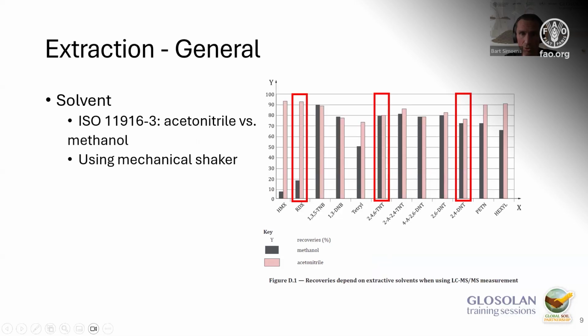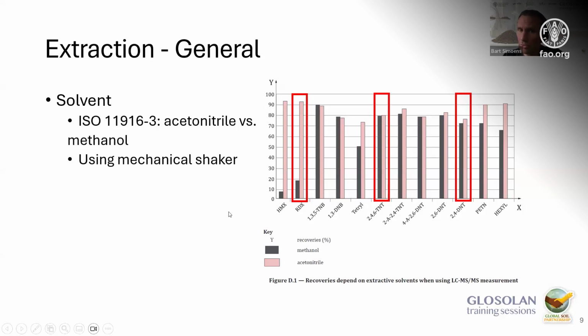And so the people who did this study basically saw for most of the explosives that the use of acetonitrile or methanol was basically the same. And the way they did the extraction was by using a mechanical shaker. However, if we see on the left, the two molecules that are quite similar, HMX and RDX, they have a very low recovery when using methanol.